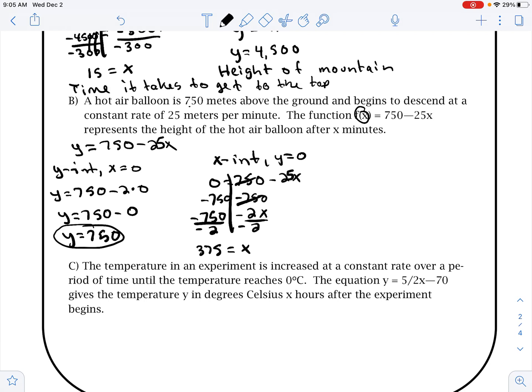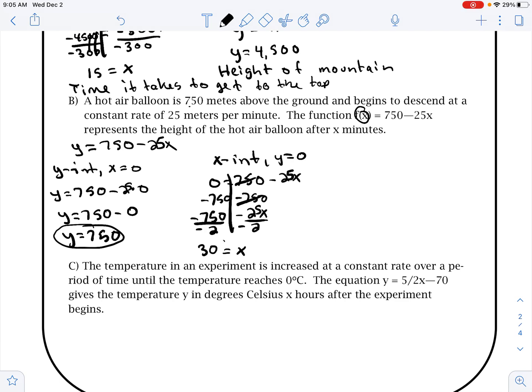I left it off. 25, okay, which won't change that, but will change this. So 750 divided by 25 is equal to 30. So that's where I needed to go. So this is equal to 30 equals x.